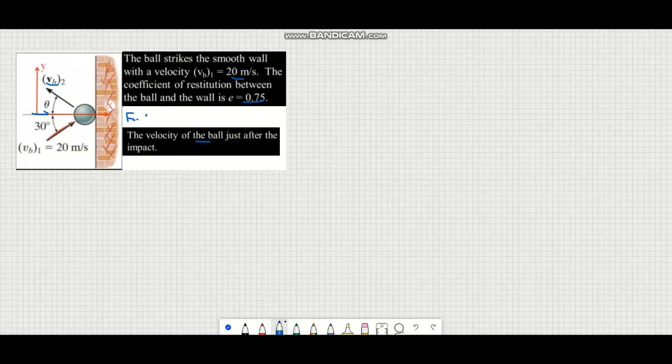Then let's write down our equation. So we can say m VB1, the initial velocity, multiplied by sine 30 gives us the y direction, is equal to m times the final velocity multiplied by sine theta, right?